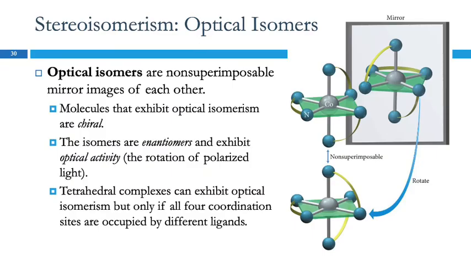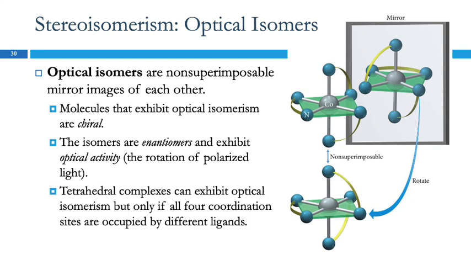We can also have optical isomers. So optical isomers are non-superimposable mirror images of each other. And when we have molecules like this, they're called chiral.